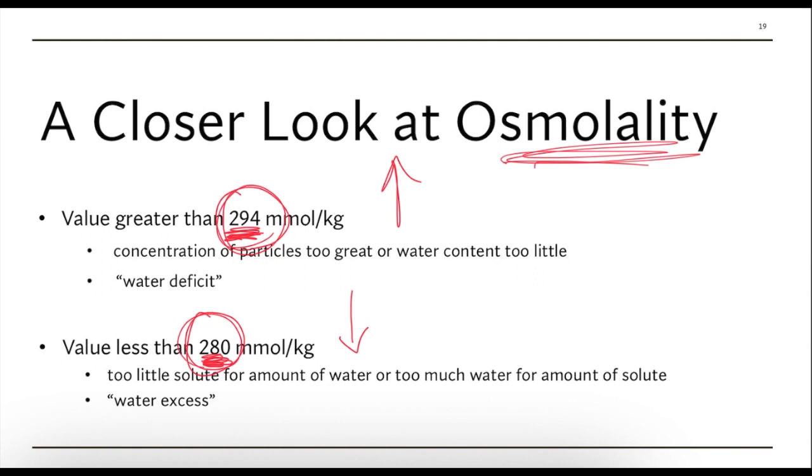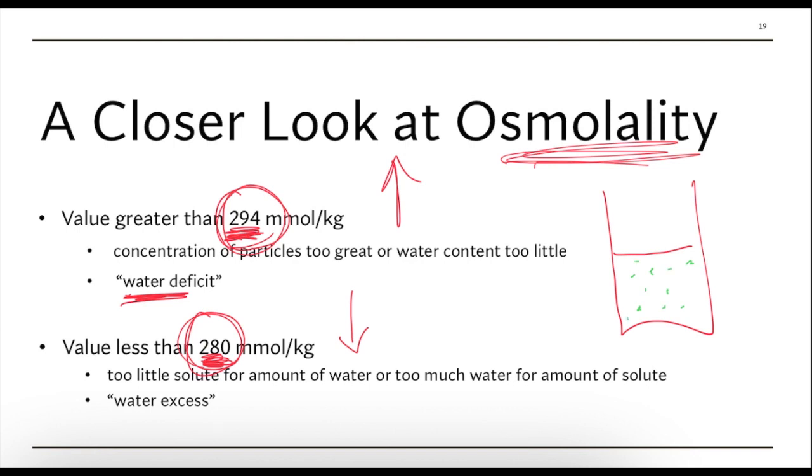So when the osmolarity or osmolality is high, it can tell you two different things. What this slide is asking is, what does it mean in terms of fluids, right? So if we look at that little cup that we drew earlier, let's say we have a nice normal osmolality. We've got a nice equal number here as we do outside.